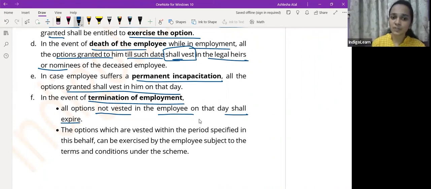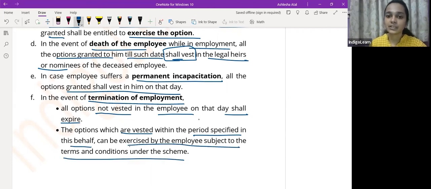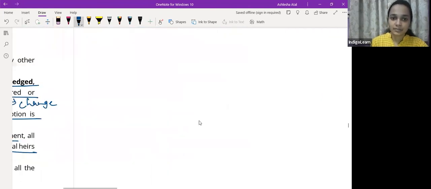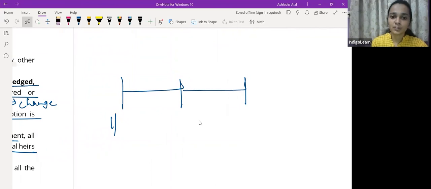And the options which are vested within the period specified in this behalf can be exercised by the employee subject to terms and conditions under the scheme. Say, for example, a stock option was granted on 1/4/18, 2 years was the vesting period, and this was the date when options vest.